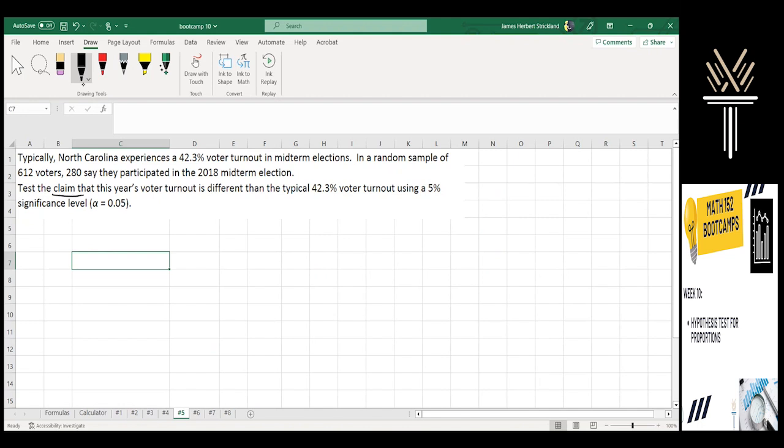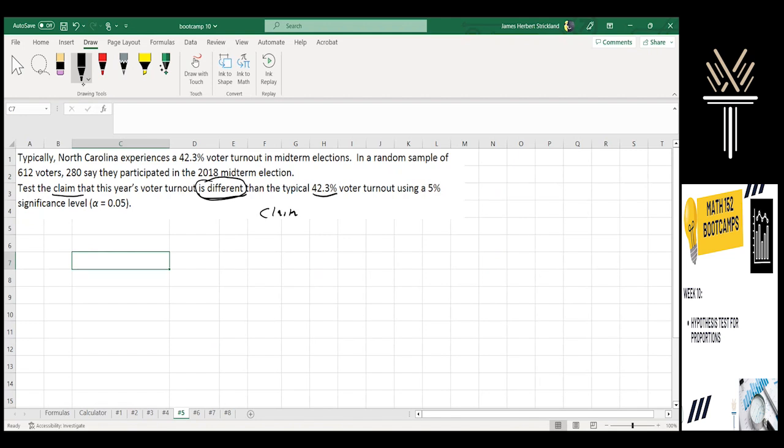The claim is different than 42.3%. What do you think different means mathematically? Well, if it was the same, we would say equal to. And of course, same is the opposite of different.